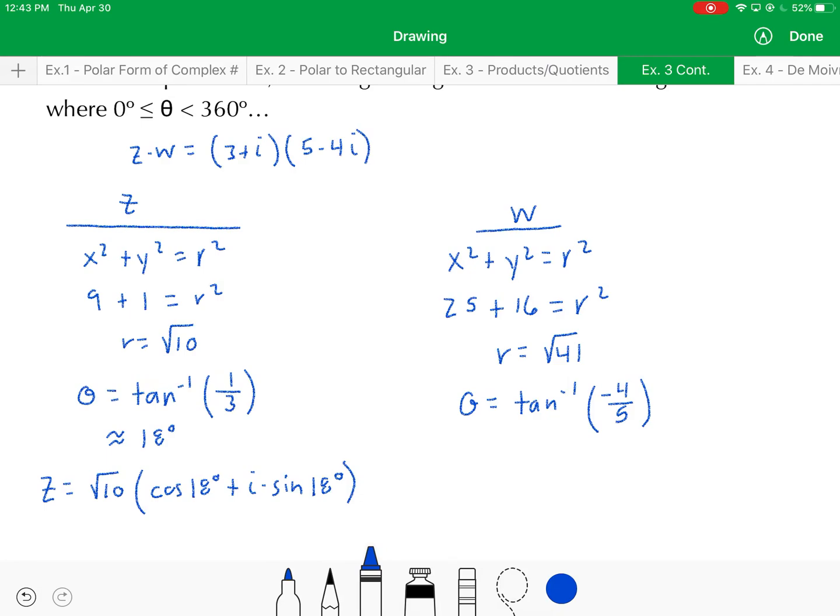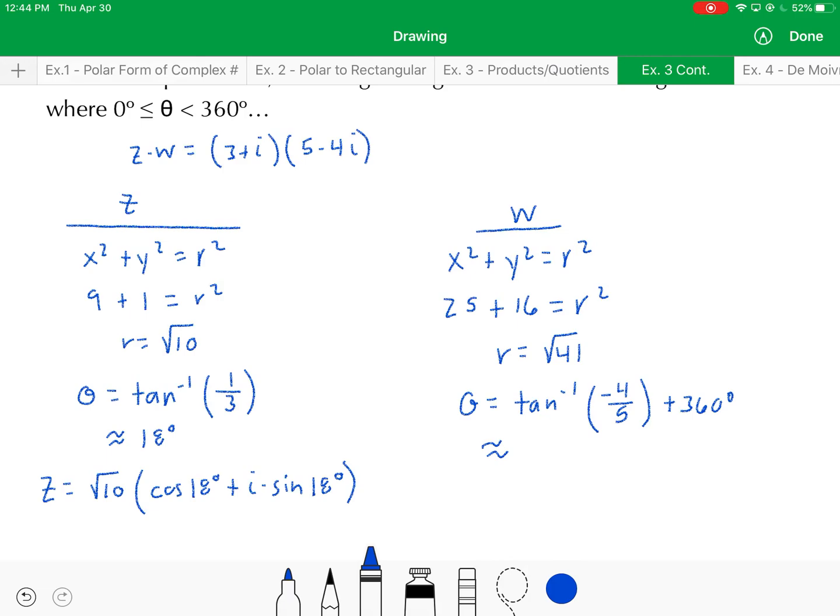Okay, now think about that. The point 5, negative 4, that is in the fourth quadrant, right? That is in the fourth quadrant. And when I do inverse tangent of a negative measure, it does give me a fourth quadrant angle. It's just going to be expressed in the negative direction. So I'm going to need to add 360 to it to get it expressed in the positive direction, to be between 0 and 360. Okay, so let me punch that in.